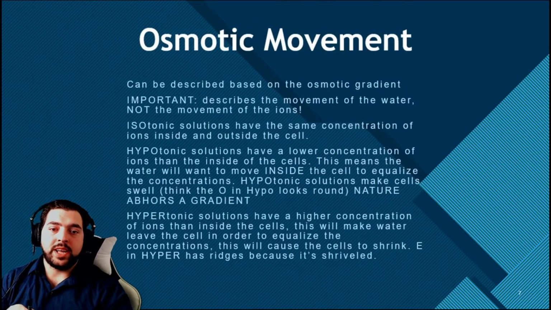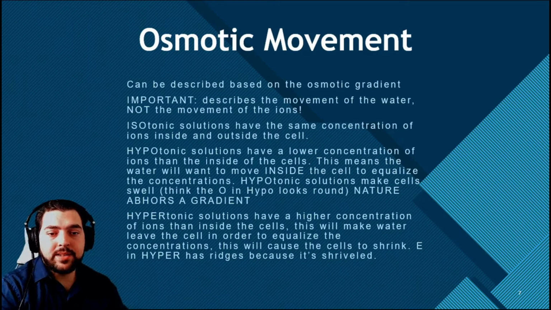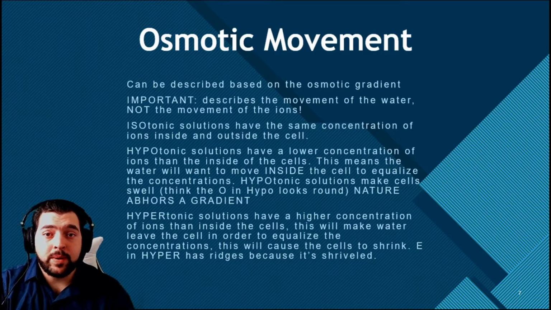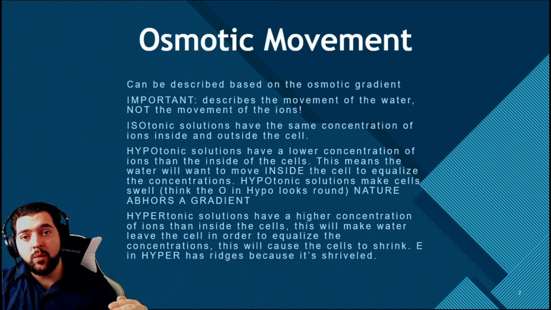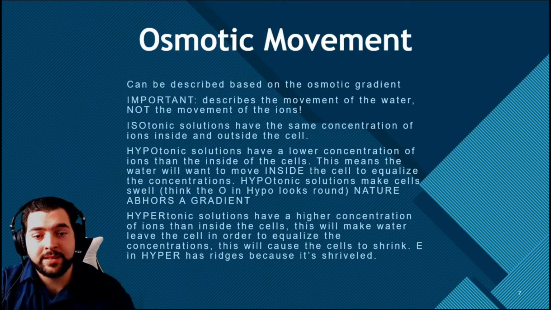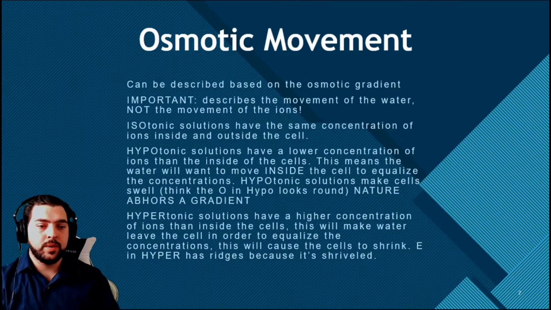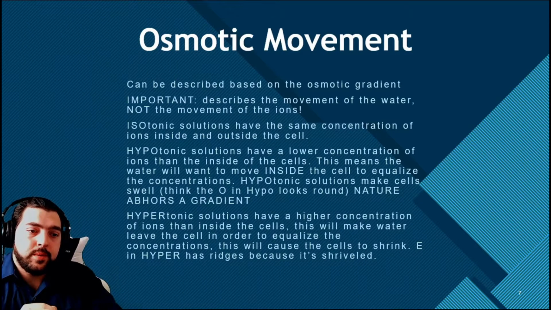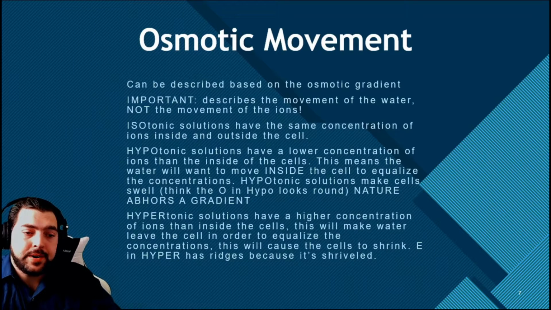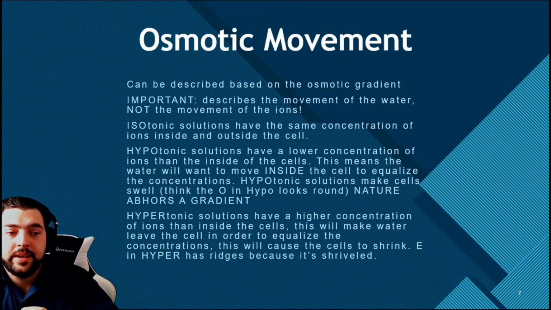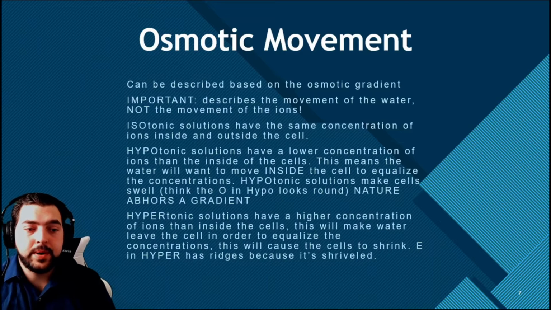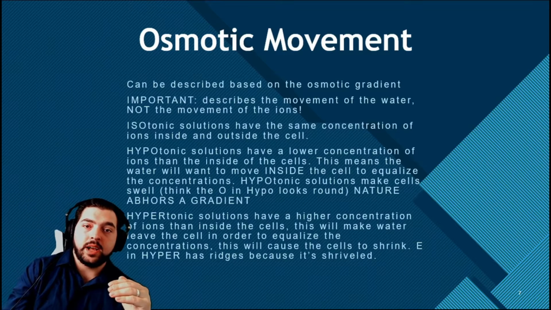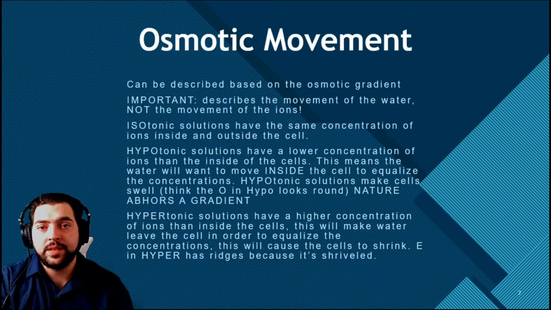All right, so osmotic movement can be described based on the osmotic gradient. Remember what I just said, right? We just talked about how water cares about water, not about ions. And that's important, because this is what we're referring to when we're talking about hypotonic or hypertonic solutions, or an isotonic. Isotonic is what I described when I said the water inside the cell and the water outside the cell are the same.